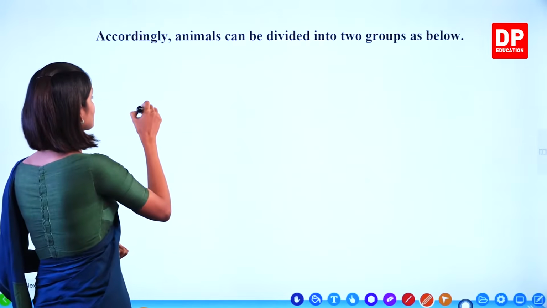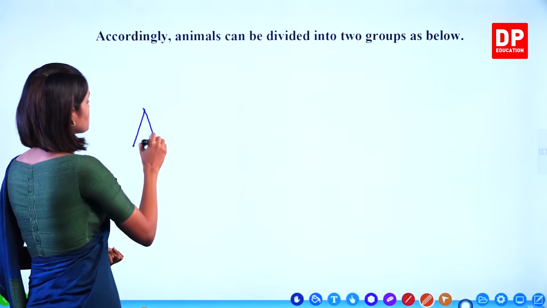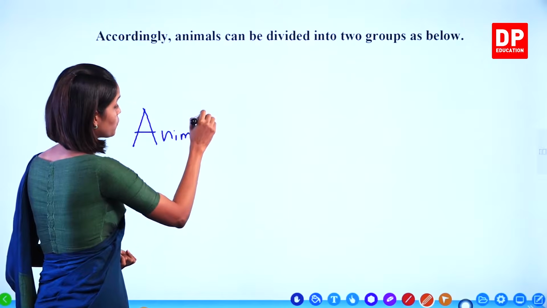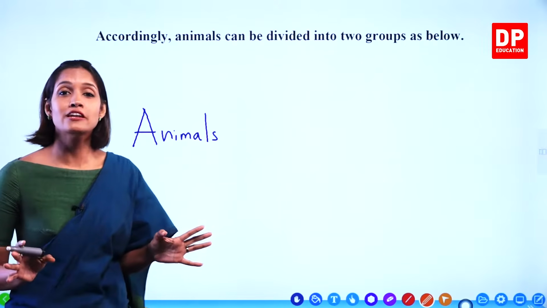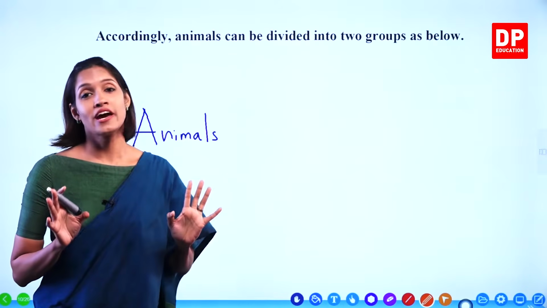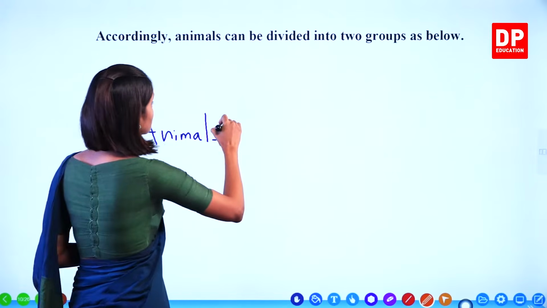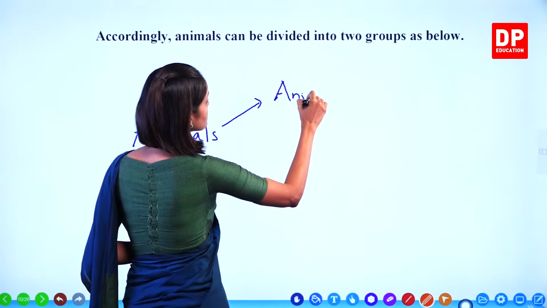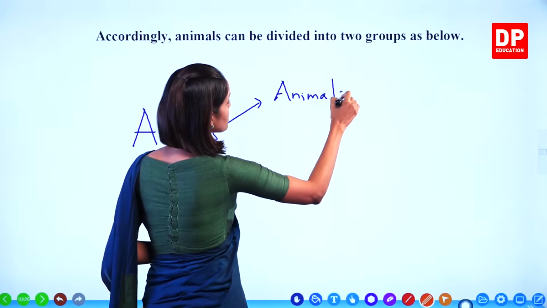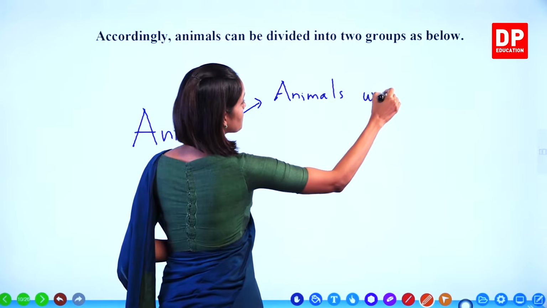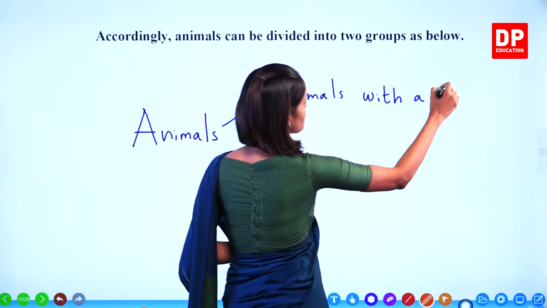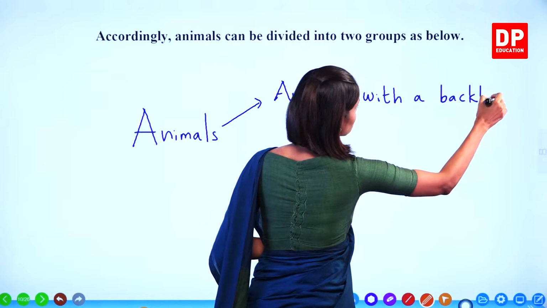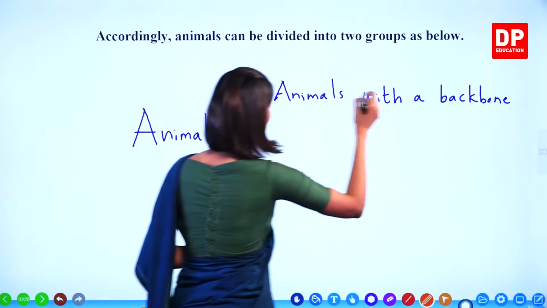How do we categorize animals? So I told you some animals, they have a backbone, and some other animals, they don't have a backbone, right? So animals with a backbone. What is the other name for backbone, children? I hope you remember.